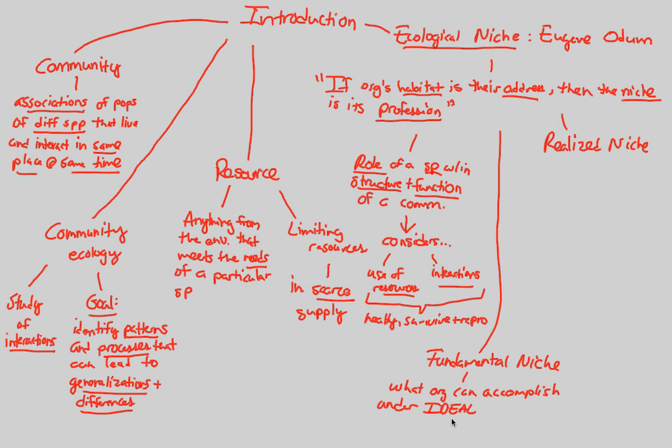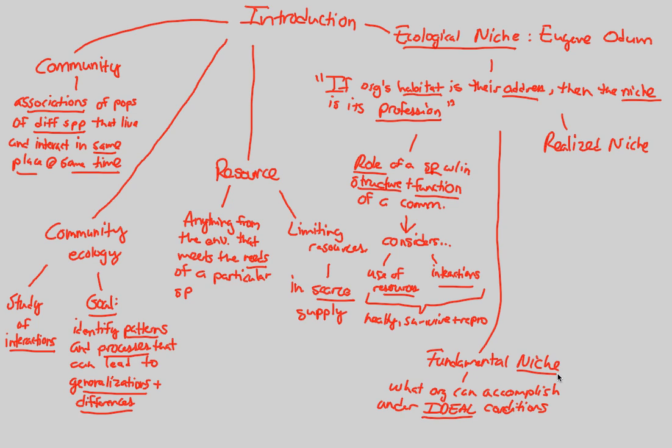This should look familiar to a concept that we talked about in our previous population ecology lecture, the idea of r-selected species and r-selection and the ideal principles associated with exponential growth. All those things should be ringing a bell. What an organism can accomplish under ideal conditions. So it's a very similar idea to what we've established before, but we're building upon it.